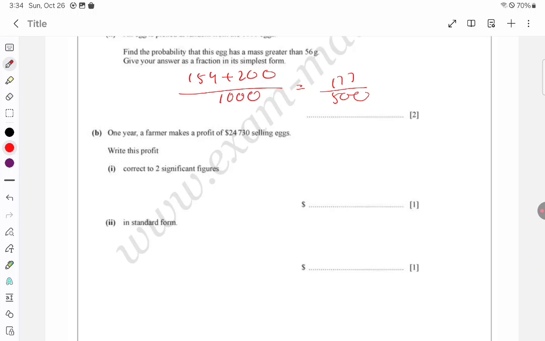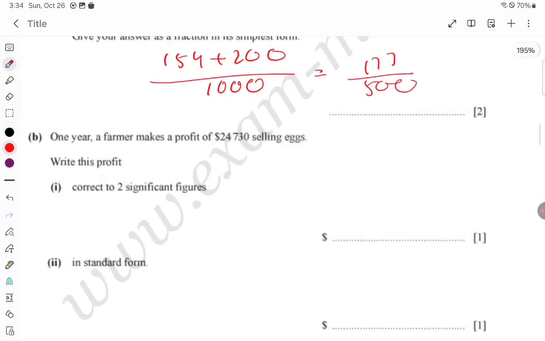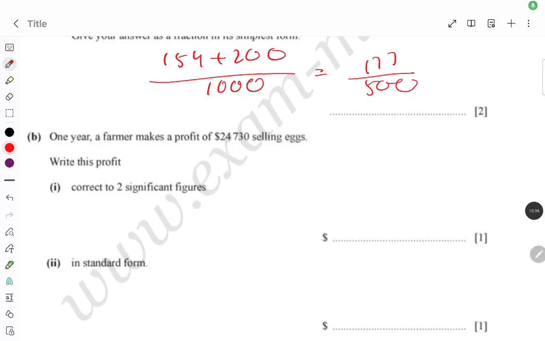One year a farmer makes a profit of $24730 selling eggs. Write this profit correct to two significant figures for part 1. In order to make the significant figure correct, 24730, this is our 0 and this is lesser than 5.